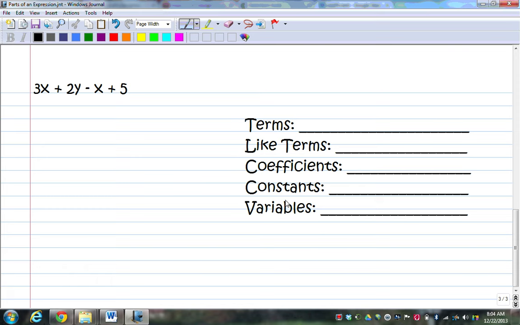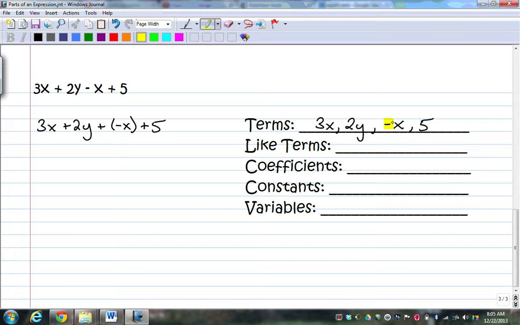That changes things. You could look at this one of two ways. Remember that all subtraction can be changed to addition. So I can add a negative x. Okay, now it's addition. Which means that when I'm identifying the terms, I have 3x, I have a 2y, I have a negative x, and I have a 5.